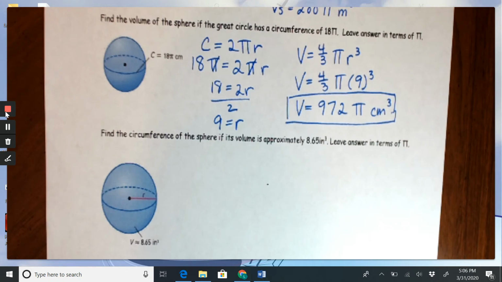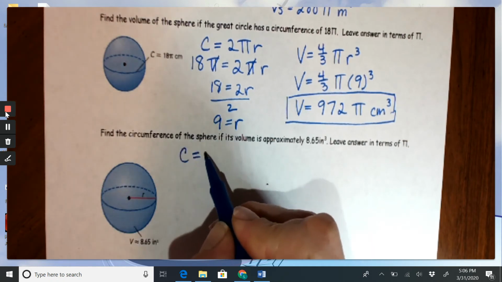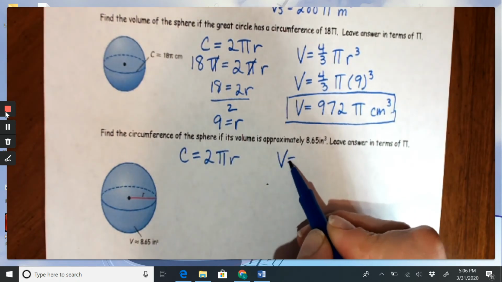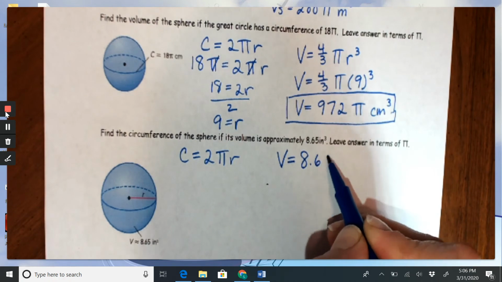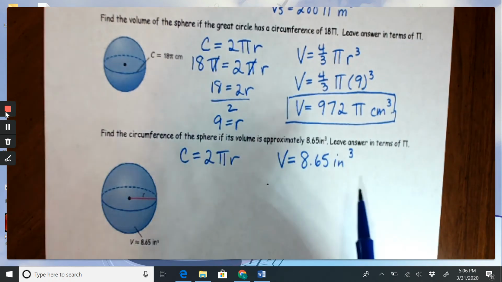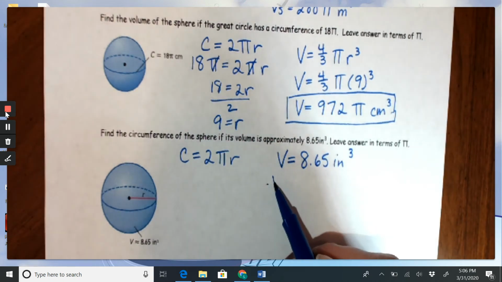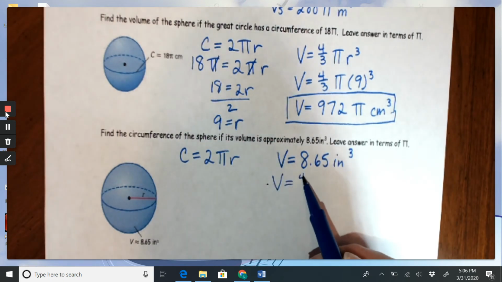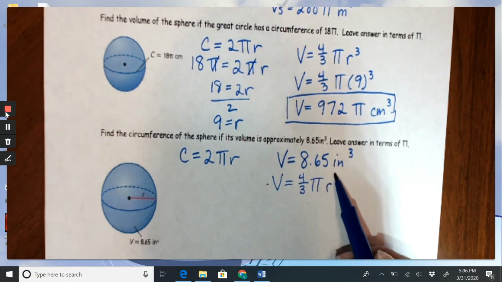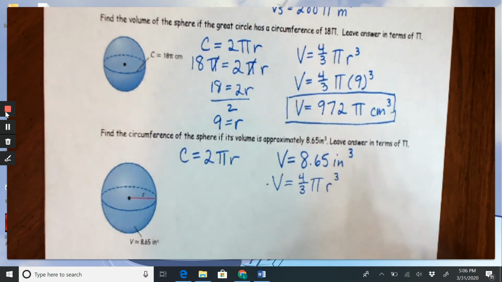This time, we're looking for that 2 pi r, but we've been given the volume. So we're going to plug our volume into our volume formula, 4/3 pi r cubed, and work backwards to solve for r.